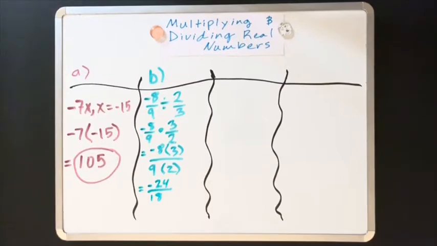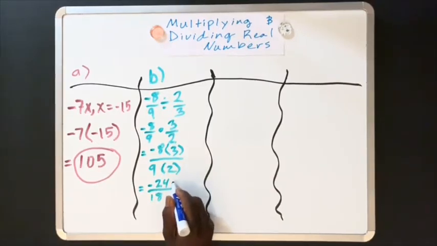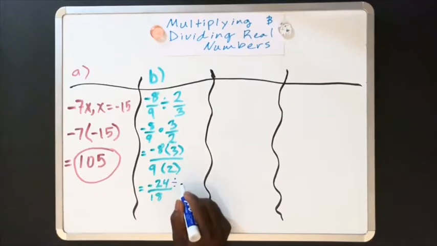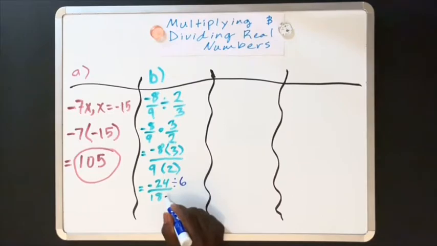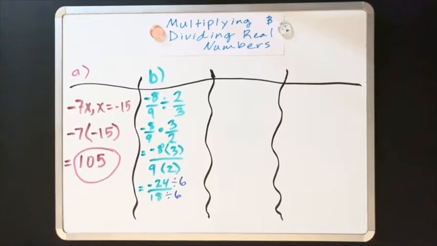Now, this fraction can be reduced. We have two even numbers, negative 24 and positive 18. So we ask ourselves, what is the largest number that can be divided into the numerator and denominator? Well, the largest number is 6. So we divide negative 24 by 6, and we divide 18 by 6. We're reducing the fraction right now.